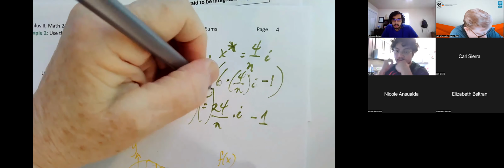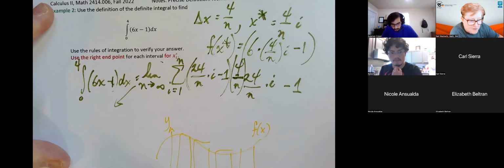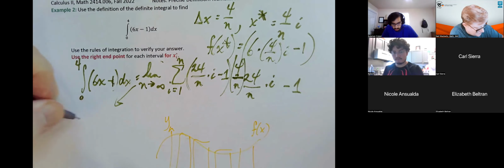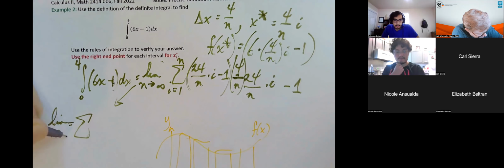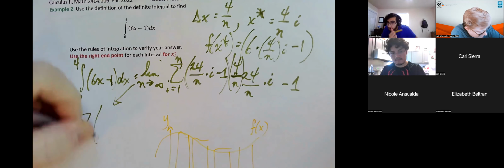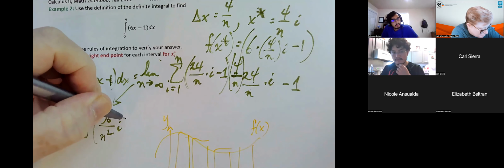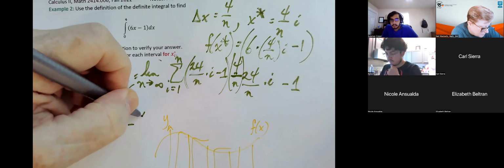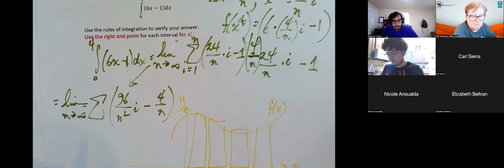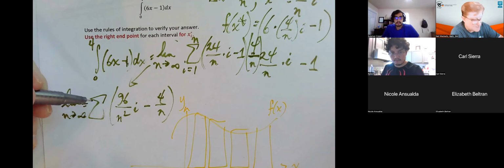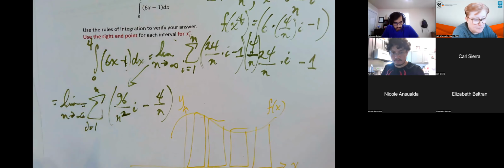Good, very good. So we've got 4 times 24 is 96. Excellent. So we've got 96 over n squared times i, minus 4 over n. That's it, right? And then help me evaluate the sum as i goes from 1 to n of 96 over n squared times i.